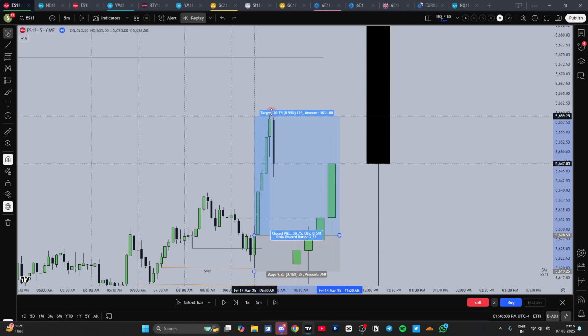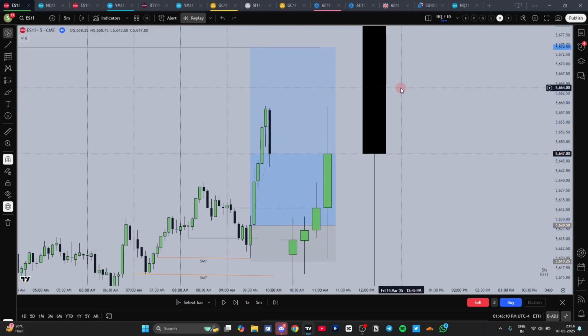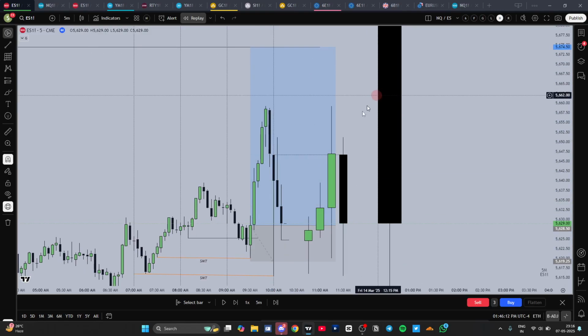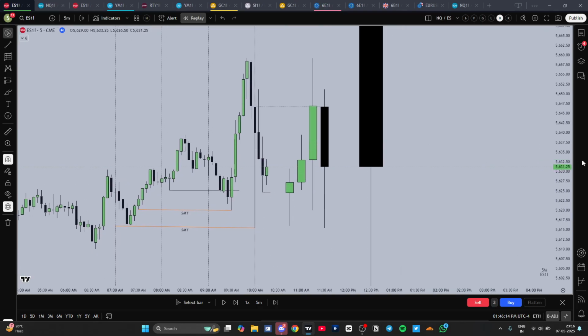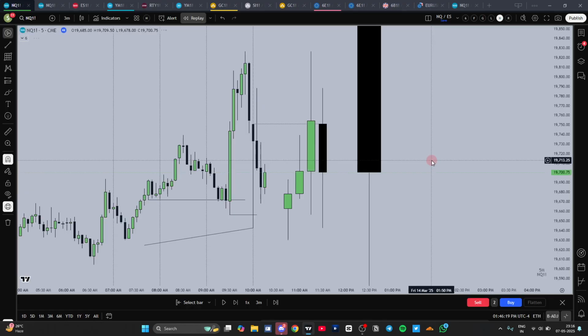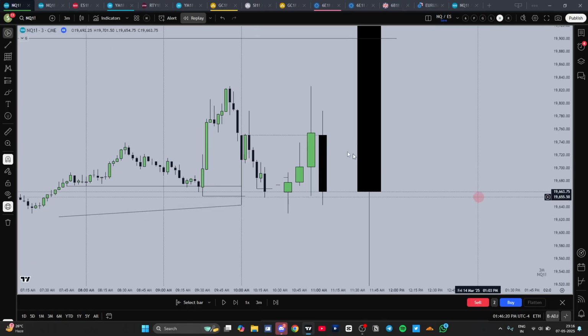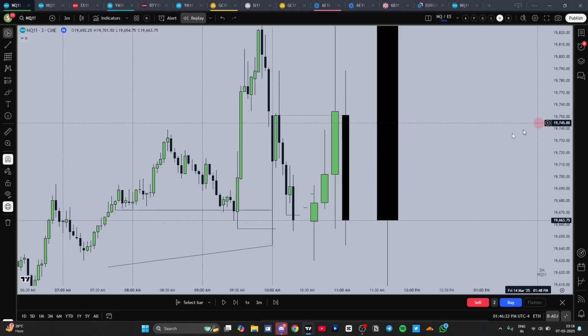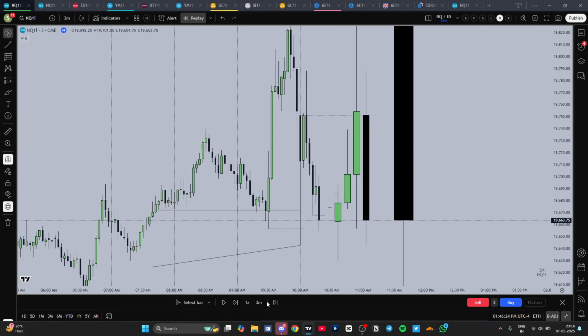So you would have partial and break even, and then this position comes back to your break even. Framing the same entry on M3 and that position coming to your break even is totally fine. Don't think of it as otherwise.